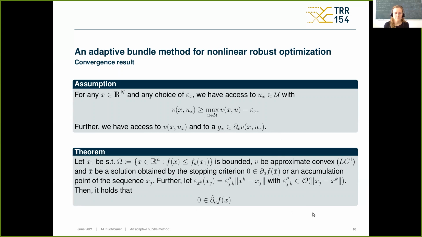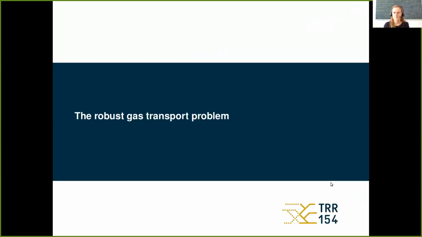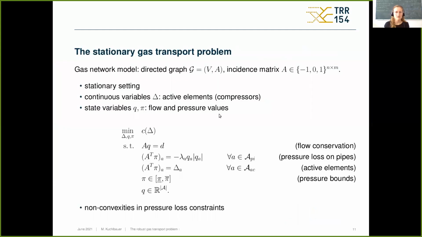So we tested this method for the robust gas transport problem, where we consider a stationary setting of gas transport and we want to minimize the cost of transport. So the problem is depicted here. We minimize the cost of compressor control, and physical constraints are to fulfill flow conservation and pressure loss should be fulfilled.